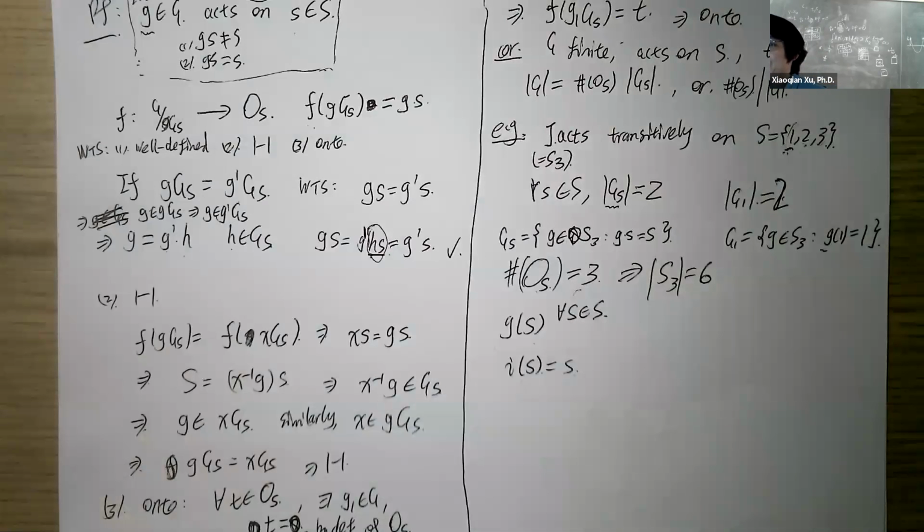So let's continue. Okay? We study the orbit and the stabilizer and the relation between the orbit and stabilizer, this kind of thing. And you may find that this is something really similar to something we learned before.